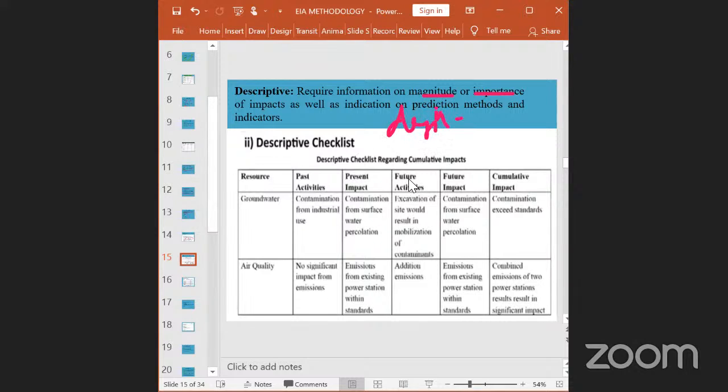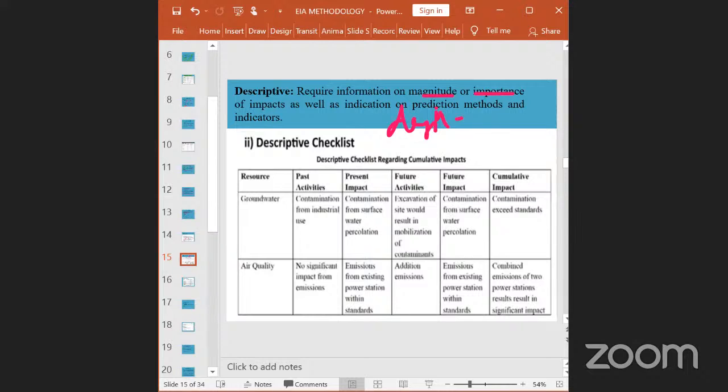So it guides mainly how to assess impacts. This descriptive checklist gives us more information about the nature and the magnitude of the impact rather than just identification. So in this, a question is asked, and for that a descriptive answer is also written.